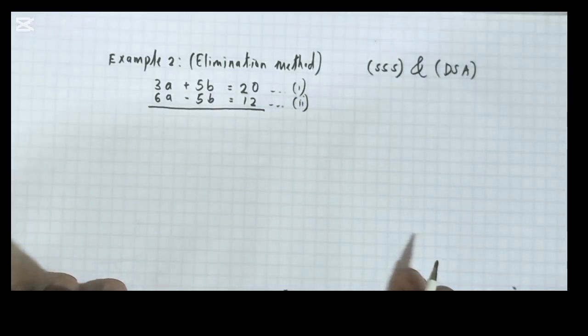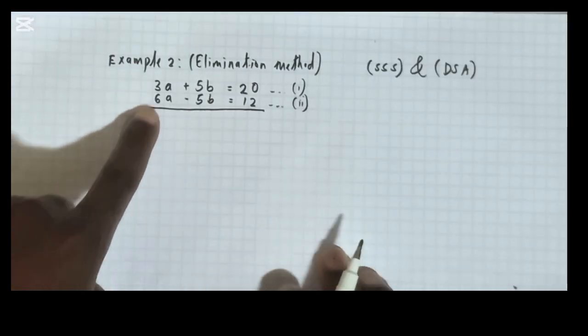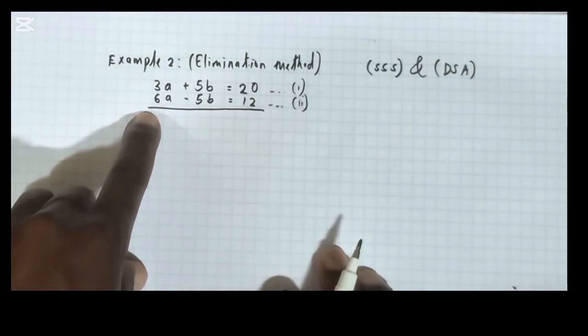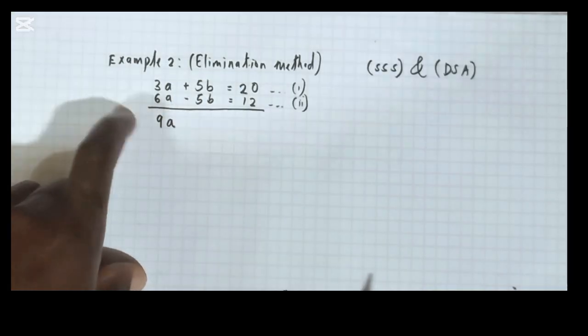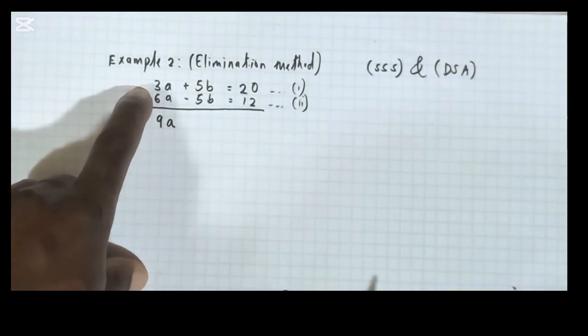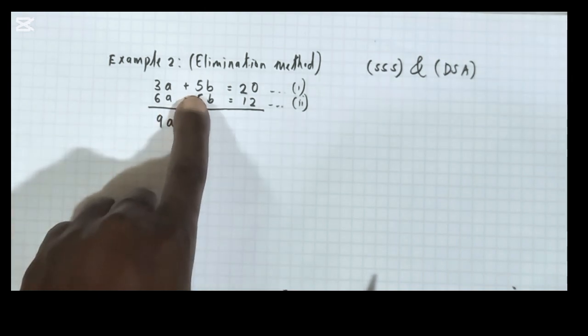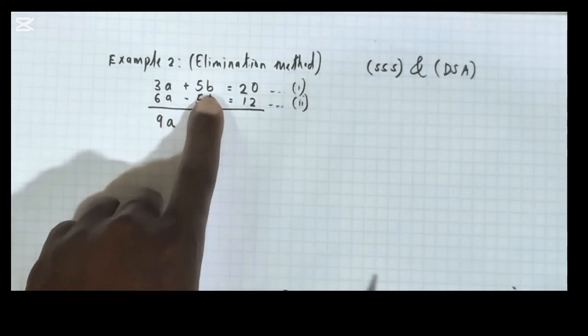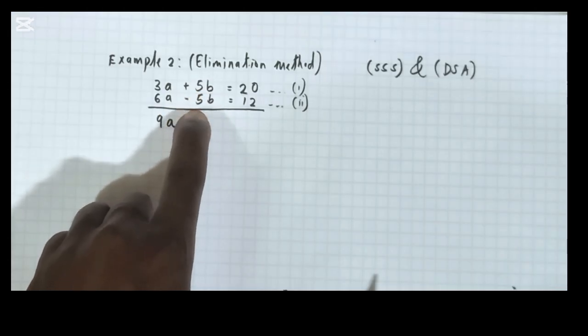Different signs add. So we're going to add equation 1 and equation 2 together. That gives us 3a plus 6a, which is 9a. For the b variable, we have 5b plus negative 5b.